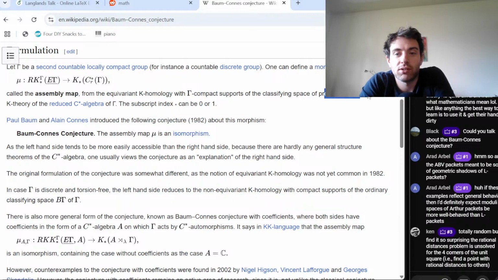I could imagine a classifying space of a group. This is supposed to be a classifying space of proper actions. So what does that mean? I guess this should sit over a space B gamma underline, and then every proper action can be obtained by pulling back a map from there, and it's well defined up to homotopy.